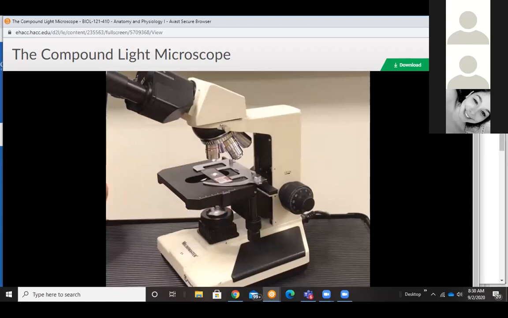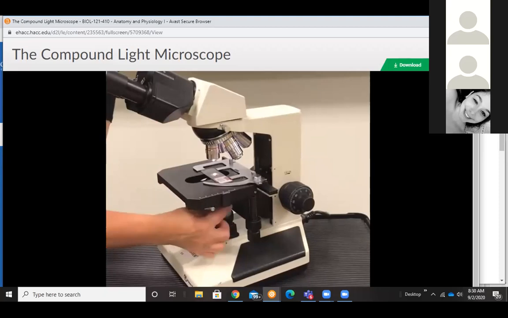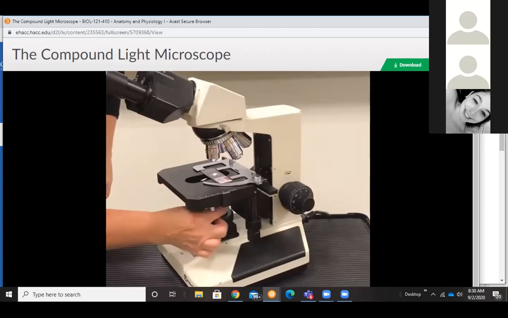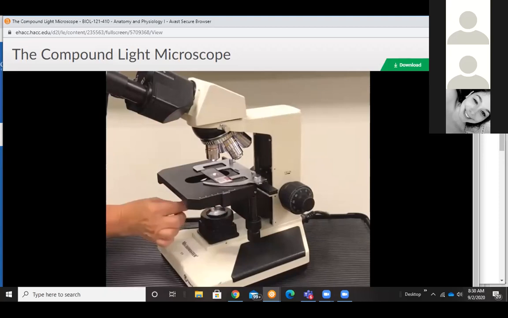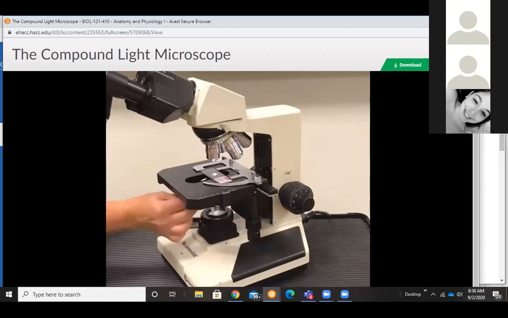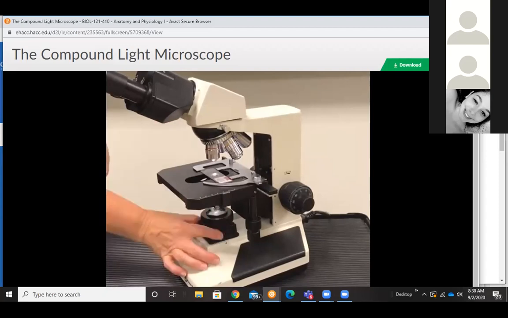And this works very similarly to the iris of your eye. And so the iris diaphragm has an aperture, this lever, which can be moved to either open or close the aperture to either let in more light or to let in less light. And so we can move that iris diaphragm to either let in more light or less light. And that sits underneath the condenser right above the light source.